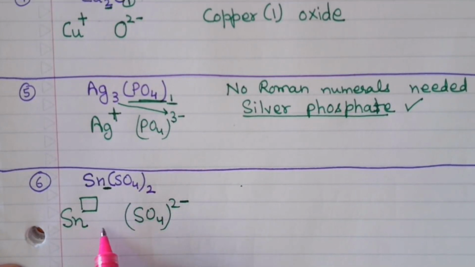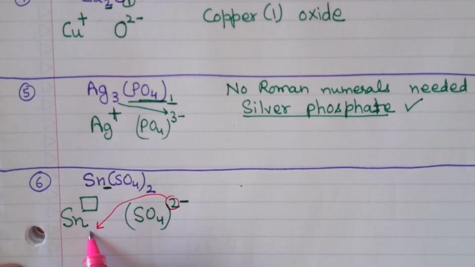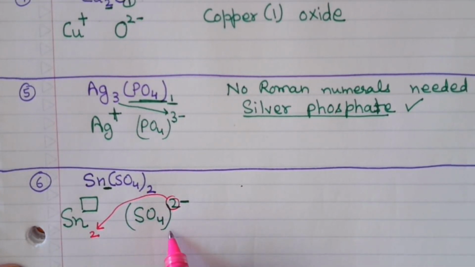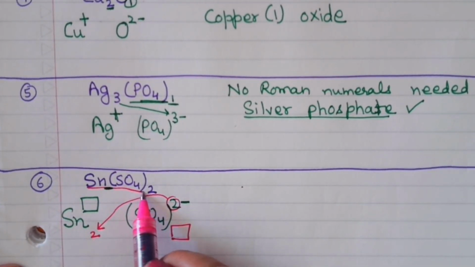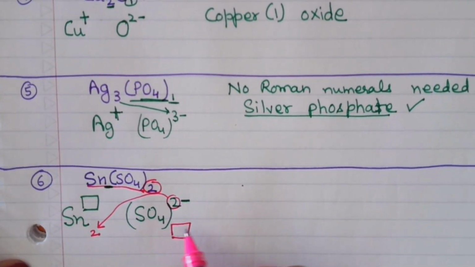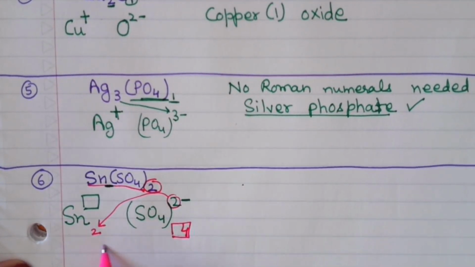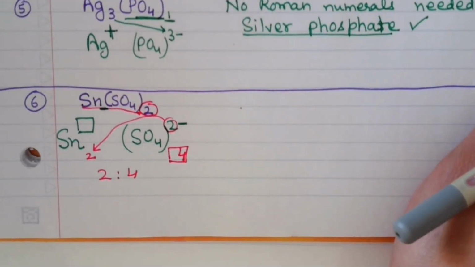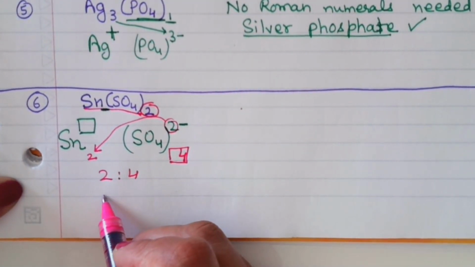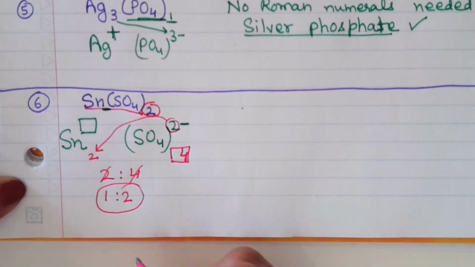So if I do the crisscross, I put this 2 here. What should we have here so that we can have this formula? Now the subscript on sulfate is 2, so this should be 4 here. Only then we can reduce the ratio. So if this was the reduced ratio, 2:4 can be written as 1:2, right?